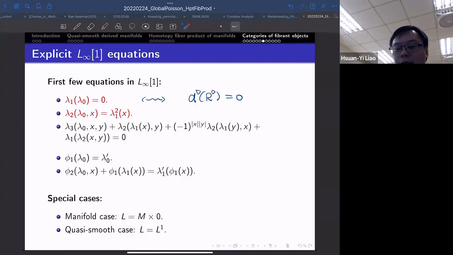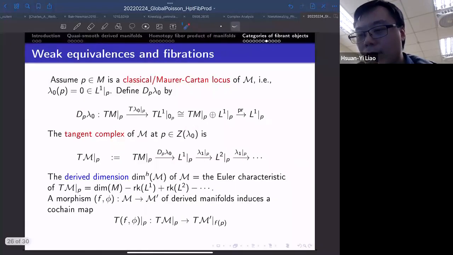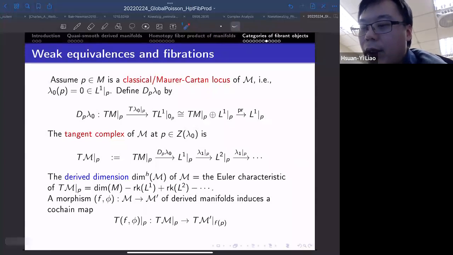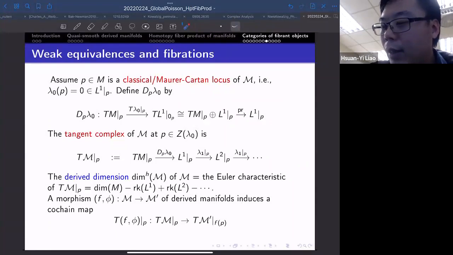And in the easy case, the case of a manifold, just take the rank 0 bundle, and if we just have one bundle, then that's the quasi-smooth case I explained. And the weak equivalence and fibration can be defined similarly.